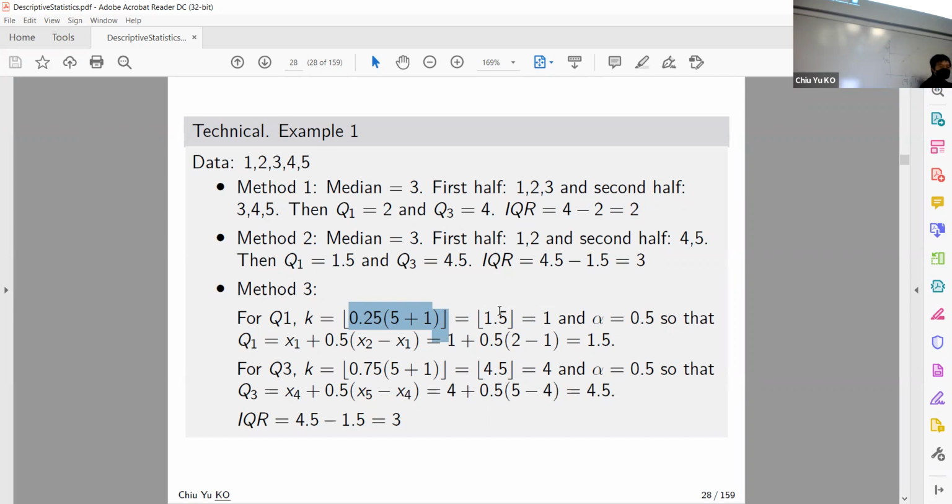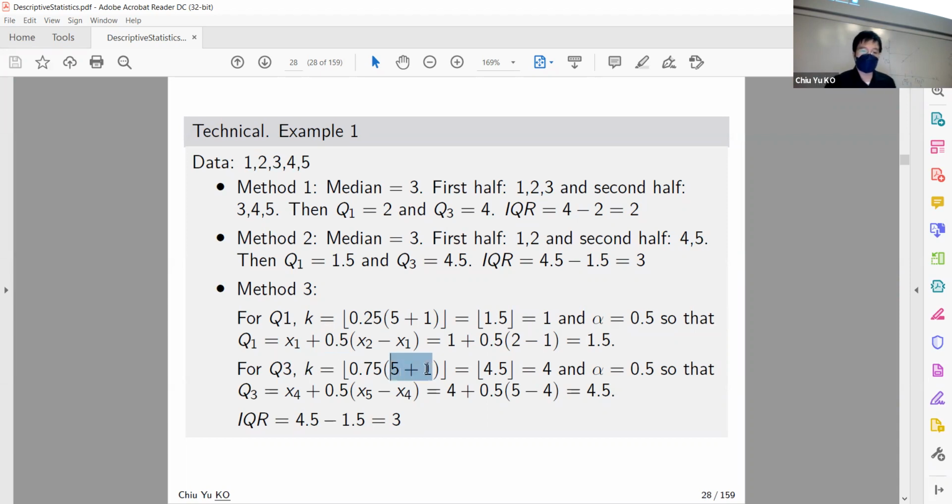Then this one is 1, and this is 2, right? And this halfway, alpha is 0.5. Halfway of the distance from 1 is 1.5. Is that okay for this one? Good.